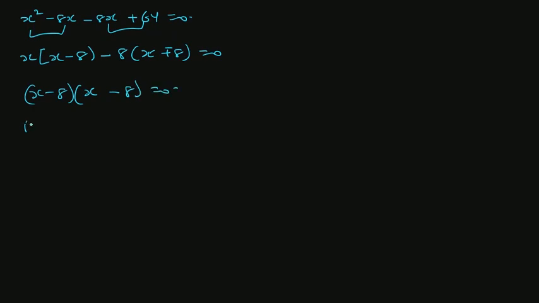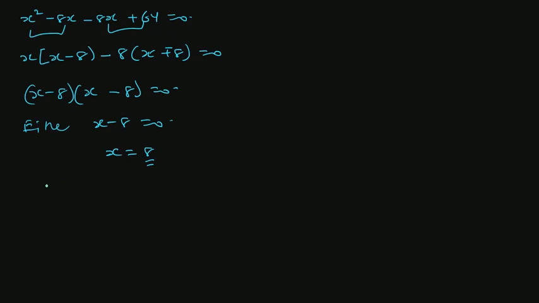So either x minus 8 equals 0, or x minus 8 equals 0. So we have repeated roots here. Our x is 8. This is a perfect square, that's why it gives us repeated roots.